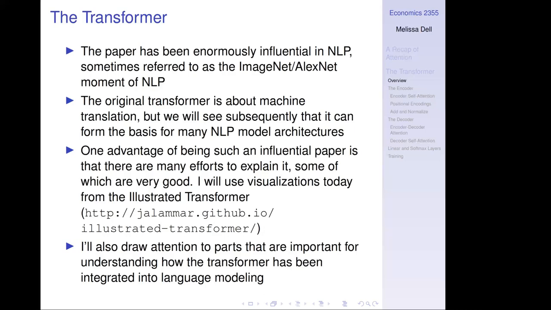But if you want to do something using modern NLP methods, you're almost certainly going to be using representations that were trained with a model that used the transformer architecture in various different ways. And so that's why we need to understand this. I'll try to highlight the aspects of it that are going to turn out to be important in Wednesday's lecture.